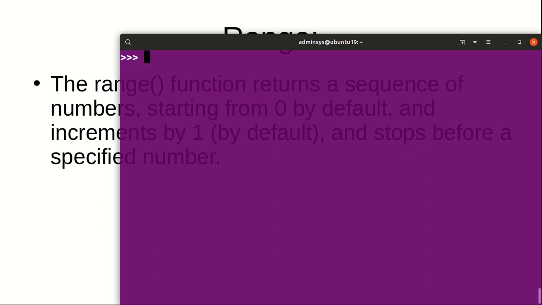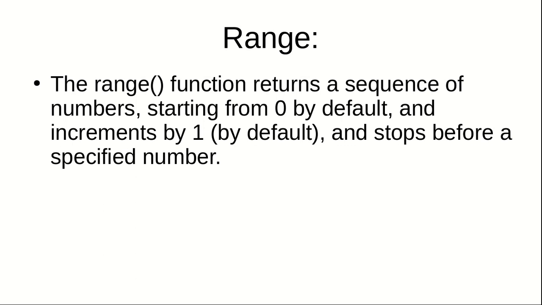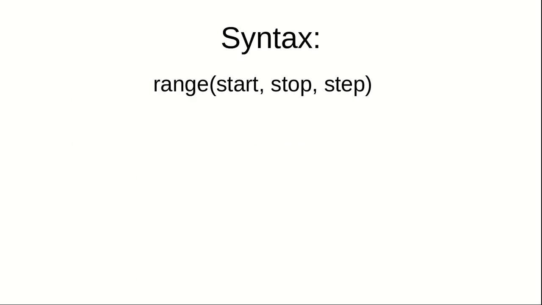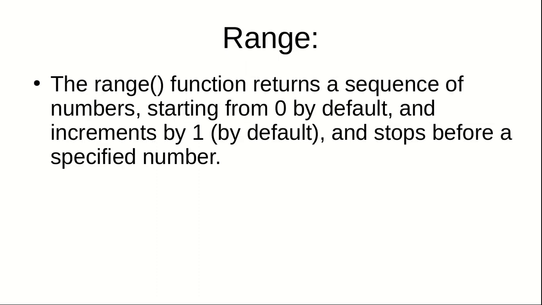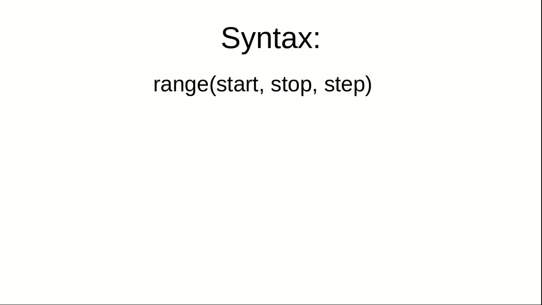So let's see the full syntax to create range. So range takes 3 arguments, that is start, stop and step, right? Here you can see the definition. It starts from 0 by default and increments by 1, that is nothing but the step value. So suppose that I want the values from 10 to 20, okay? Then I need to mention the starting value as 10.